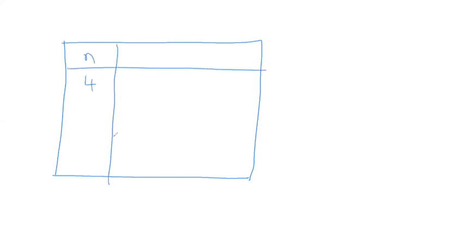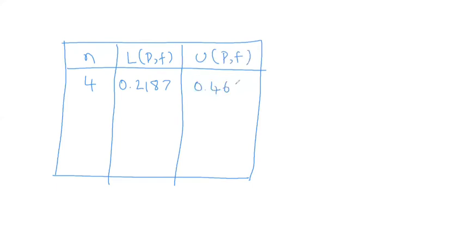If the given closed interval is divided into 4 subintervals, the lower Riemann sum which we have got is 0.2187, and the upper Riemann sum which we got is 0.4687. According to the ready data, if you divide the given closed interval 0, 1 into, suppose, 10 subintervals, then the lower Riemann sum you will get is 0.3087, and the upper Riemann sum is 0.3587.